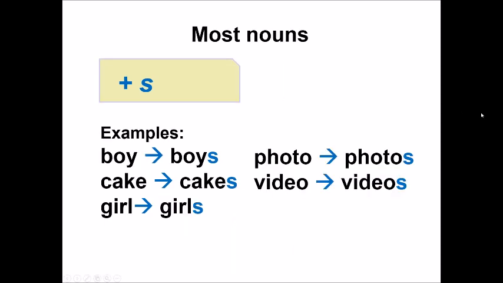More examples: boy becomes boys, kick becomes kicks, girl becomes girls, photo becomes photos, video becomes videos.